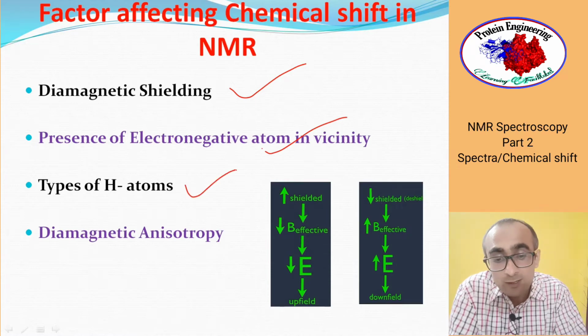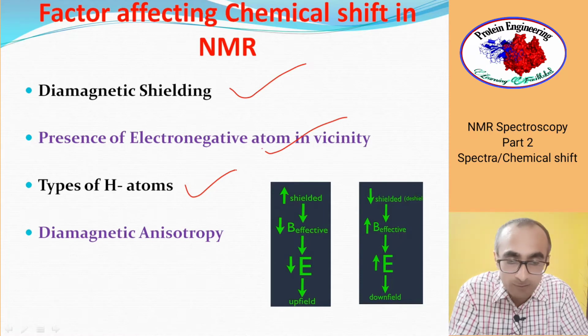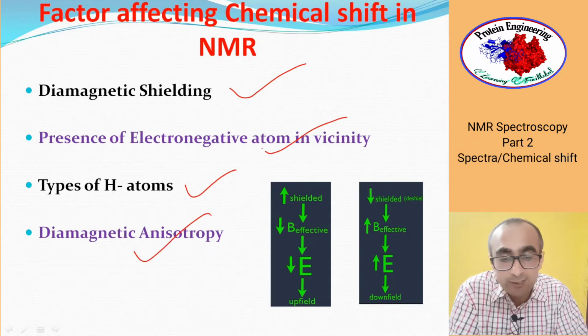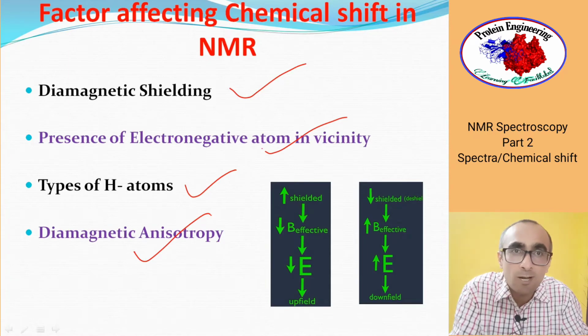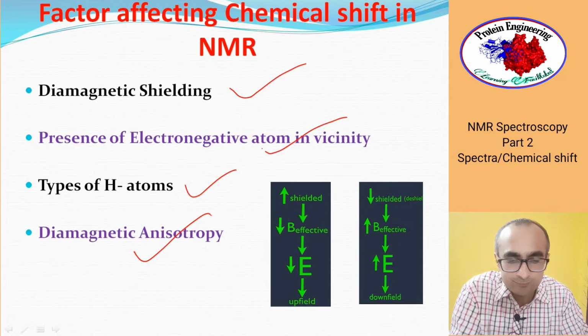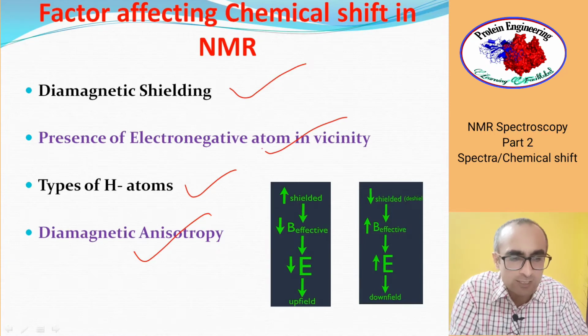The type of hydrogen atom, primary, secondary or tertiary, also affects the chemical shift, the positioning of the peak. Diamagnetic anisotropy is a property of compounds having mobile pi electrons, for example in an aromatic compound, that also influences the position of the peak or the absorption of energy by the nuclei. And this is all based on the shielding and deshielding effect, like we have seen in an earlier lecture.